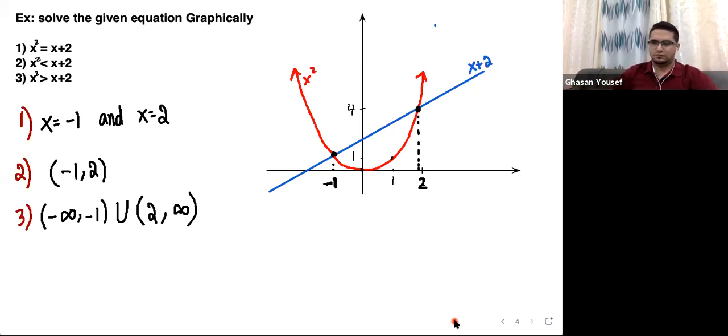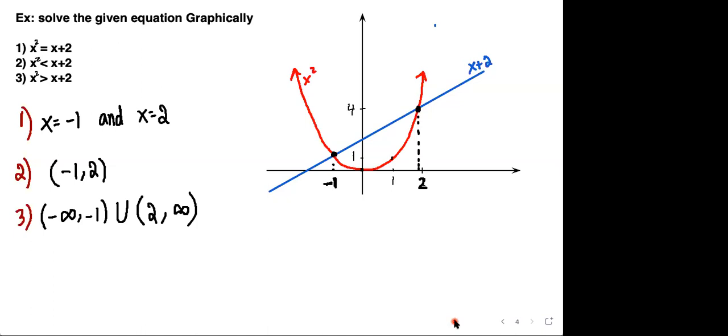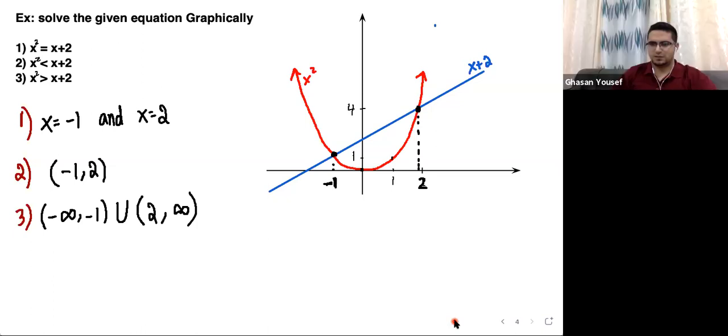So for number 2, you got -1 and 2. Yes. Number 2 is from -1 to 2, because the function x plus 2, the linear function, is above the parabola function in the interval from -1 to 2.